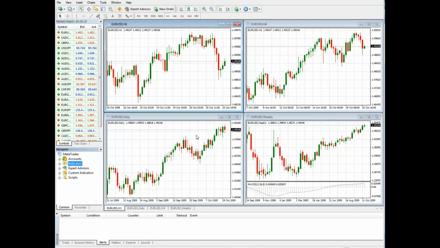You see how simple it is to install an expert advisor and get it up and running. Basically all of these that are commercially available will have a set of instructions with them that make it very straightforward for you. So next, we're going to continue to explore more of MetaTrader.